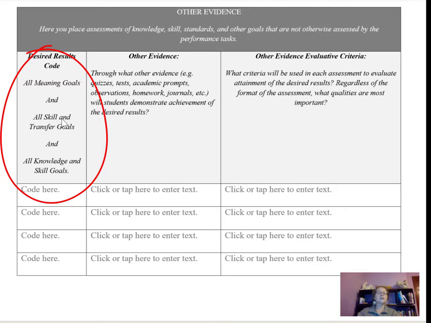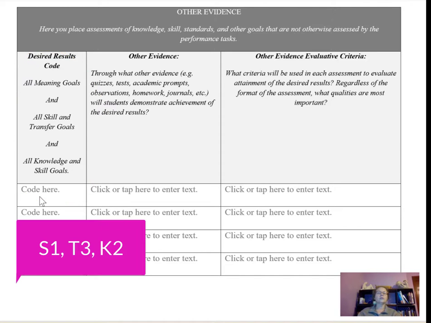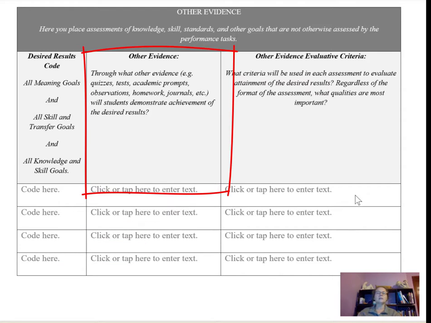So skill, transfer, and knowledge goals would go here with their codes labeled as in the first stage. So S1, 2, or 3. What other evidence are we looking for that will be able to show those things as above and as we discussed with the GRASPS concept? And then other evidence that may be there.